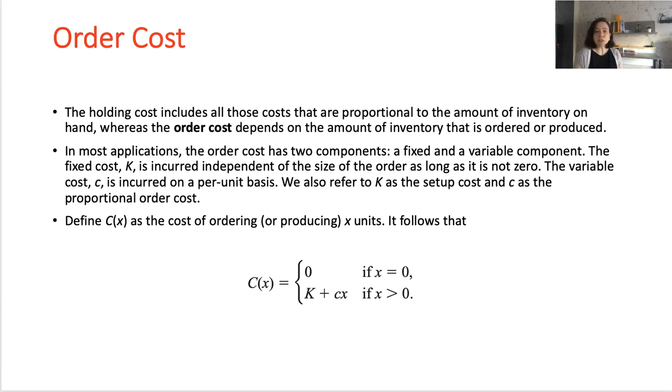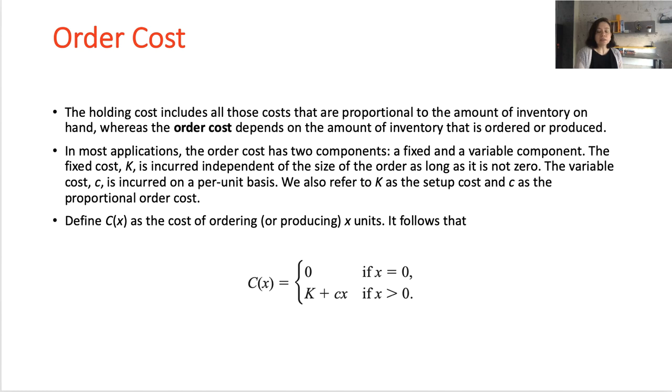We will call this fixed cost K, and K is independent of the size of the order. In fact, we can think of it as a setup cost to give an order. And the variable cost is C, and it is incurred on a per unit basis.